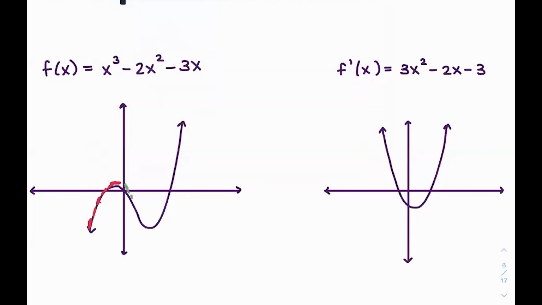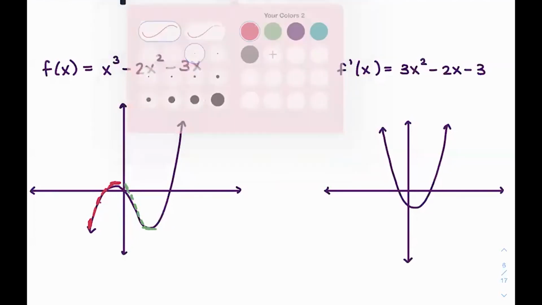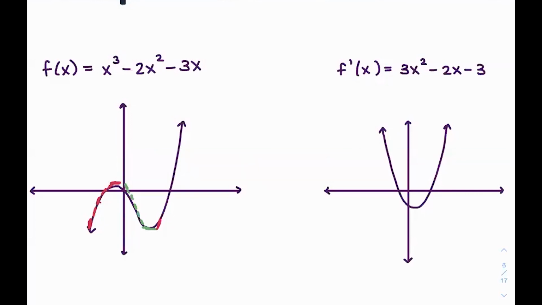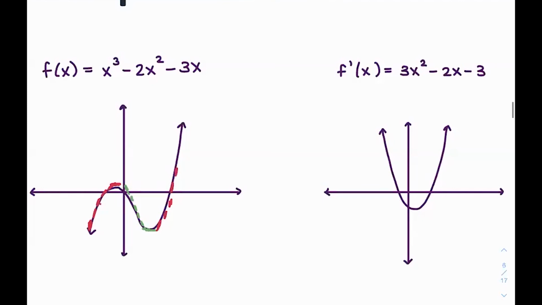Then if I keep sketching little tangent lines, my tangent line slopes are negative as my function is decreasing until I have a tangent line with a slope of 0. And then I would have slopes of tangent lines that are positive as my function continues to increase again.